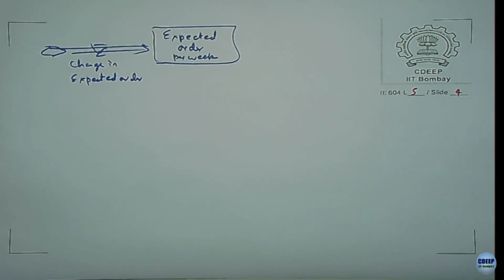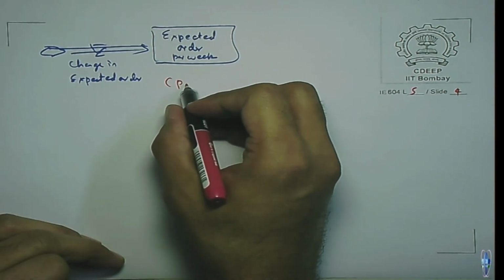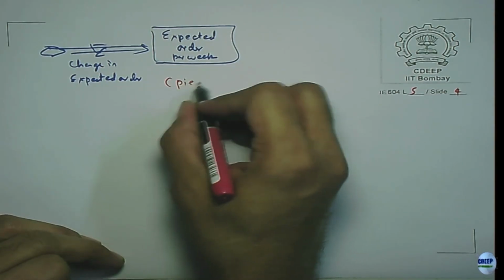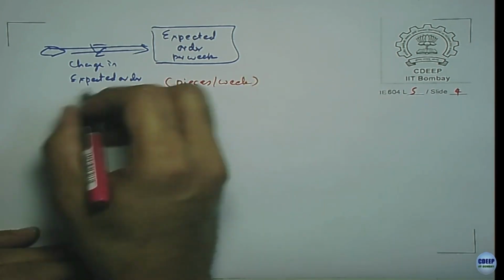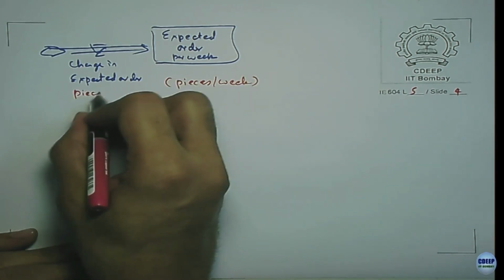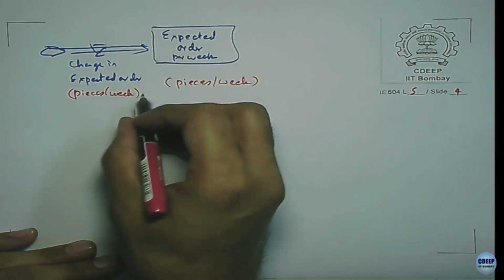So the units for this are, say, pieces per week, and change in expected order could be pieces per week per week, which is units of the stock per week.